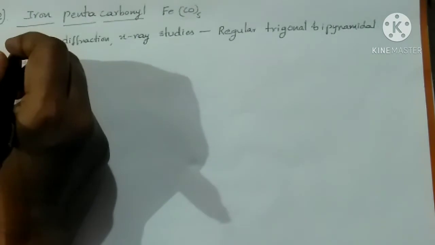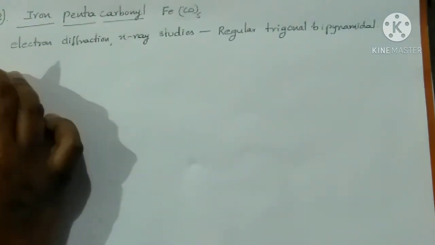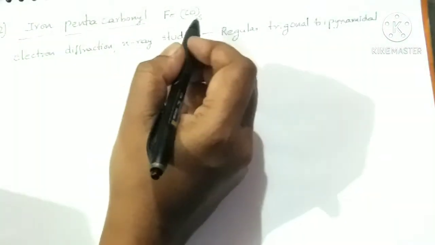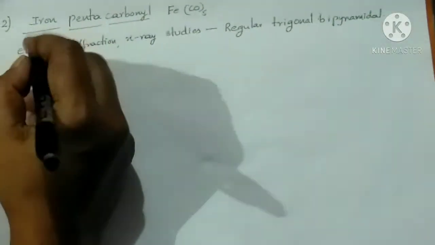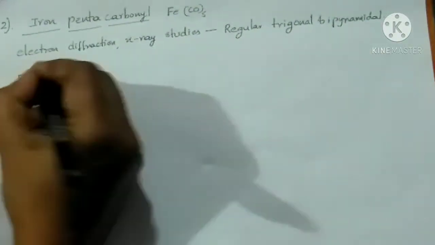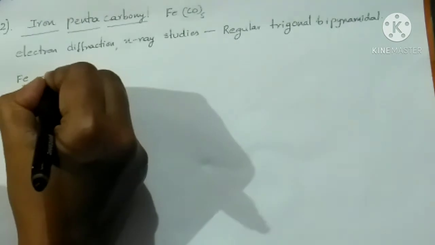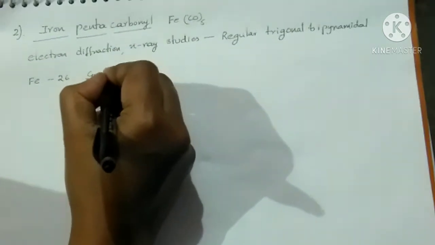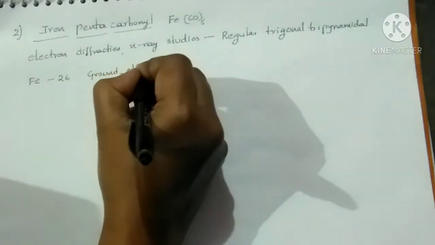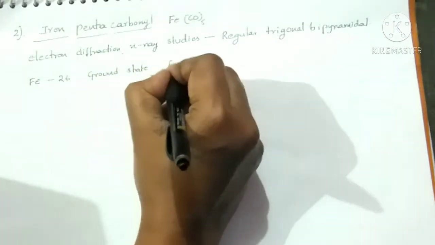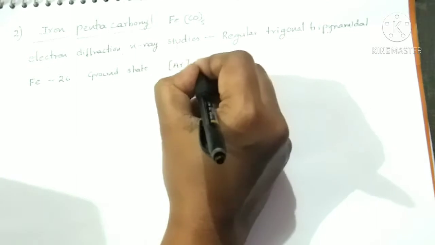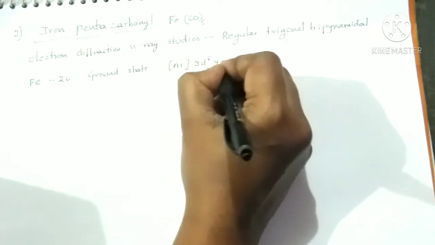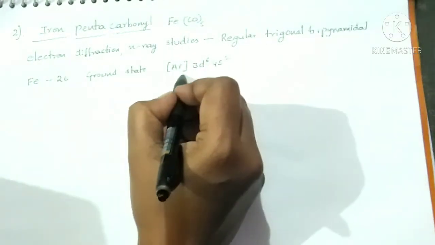We can explain this by looking at the bonding in the metal carbonyl. We know that the atomic number of iron is 26, and the ground state configuration is written as Ar 3d6 4s2.